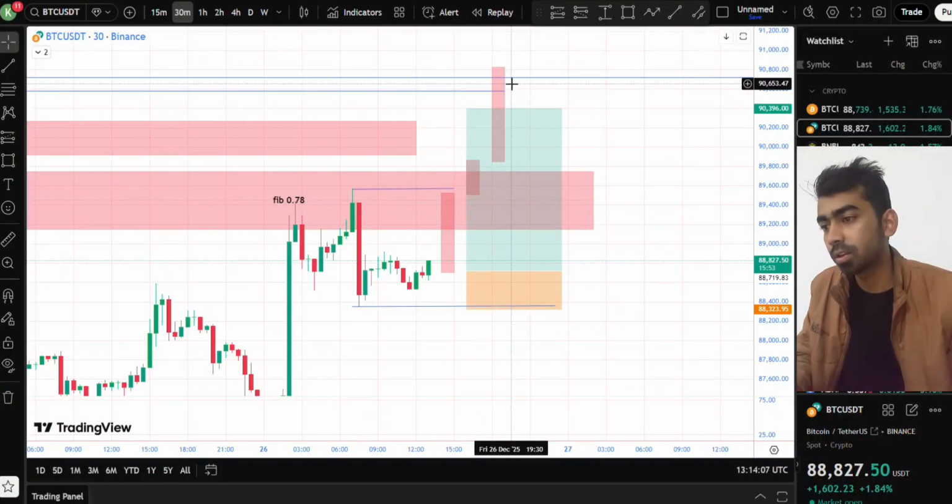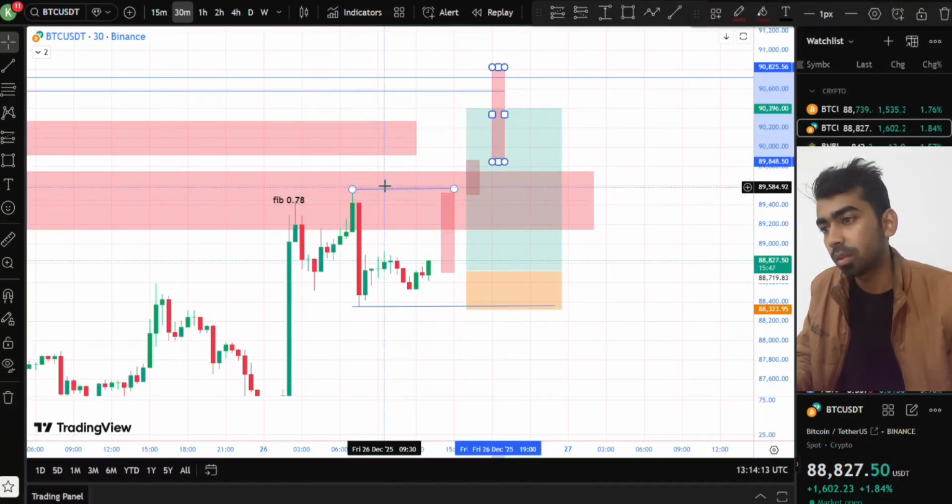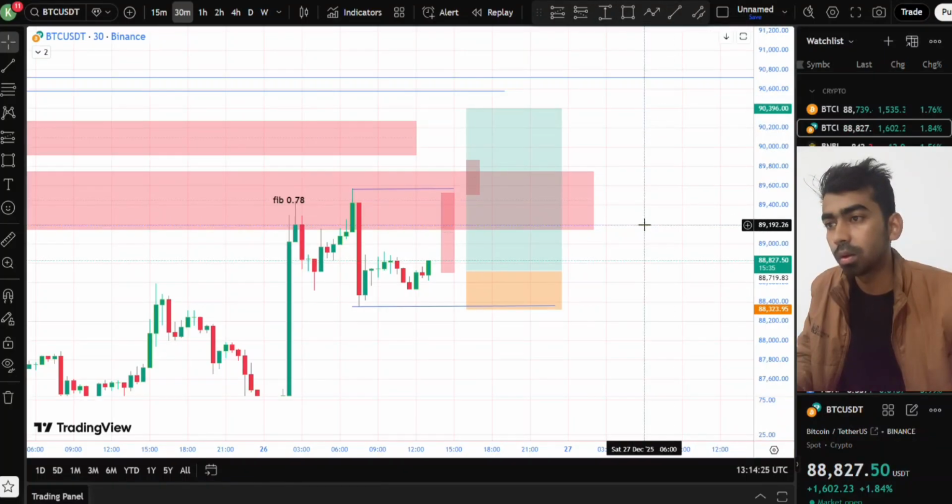Probably, if you are thinking that if BTC tries to follow like this, then I will make lots of money. No, maybe it will try to capture all the SL above this candle, and my target is this. Okay.